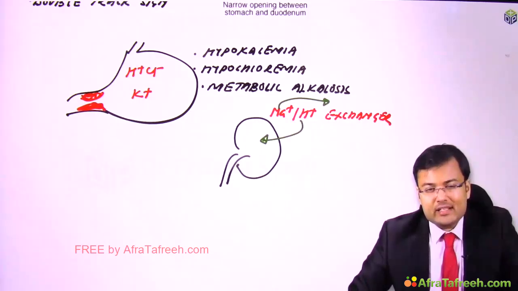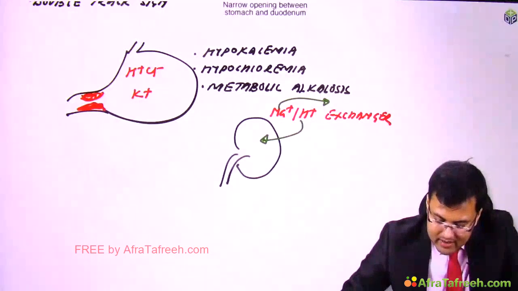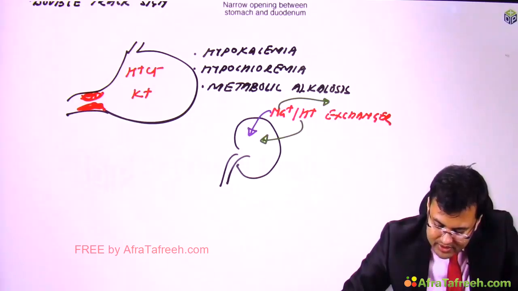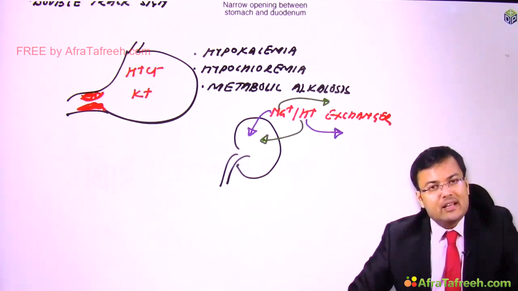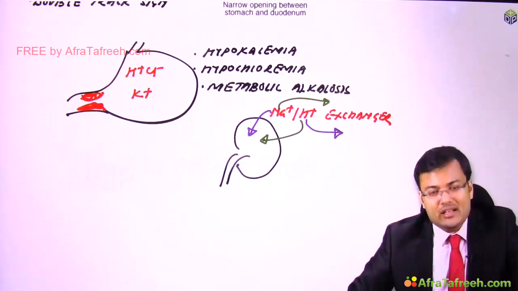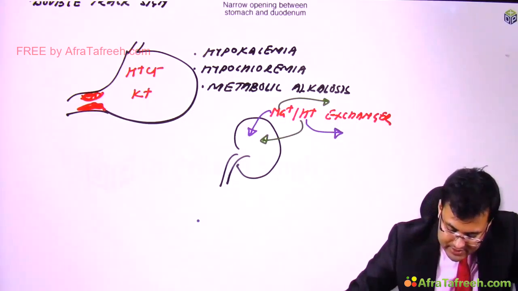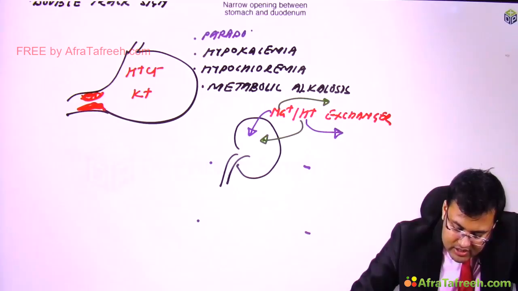In severe cases, when the kidney senses hypovolemia and hyponatremia, it reverses this function. It starts preserving sodium and excreting H+. Since it starts excreting H+, there is paradoxical aciduria. So apart from these three findings, there is paradoxical aciduria.